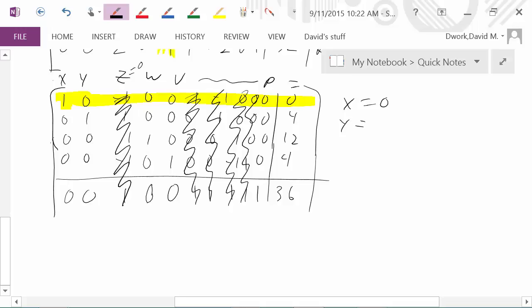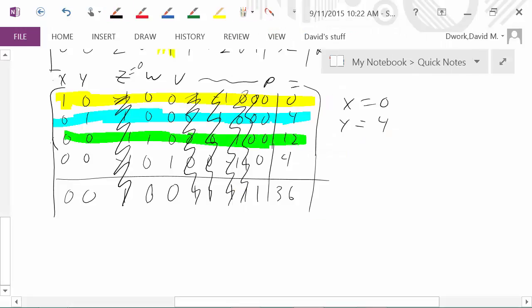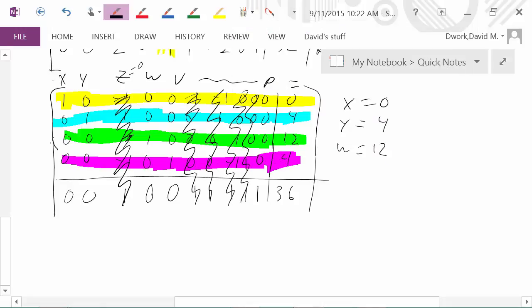When we read this blue row, you'll see we're left with y equals 4. And for our green row, you can see that got tossed. We're just left with w equals 12. And then for our last row, we end up with v equals 4.